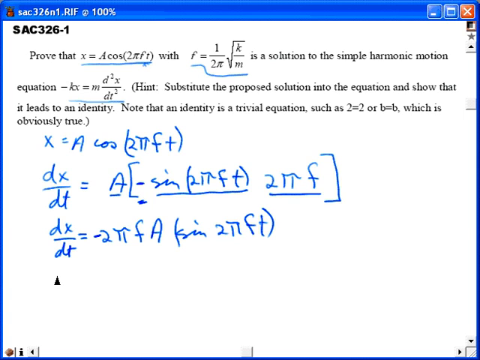Got everything. Alright. Then the second derivative. Same thing. I got a big constant out front this time. Minus 2 pi fa. So I just copy that. And then times the derivative of the sine with respect to its argument, which is just the cosine.